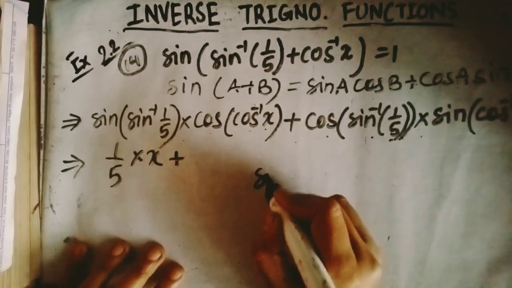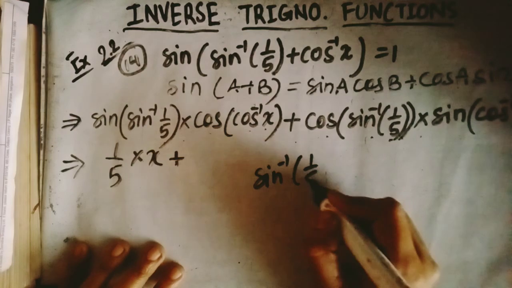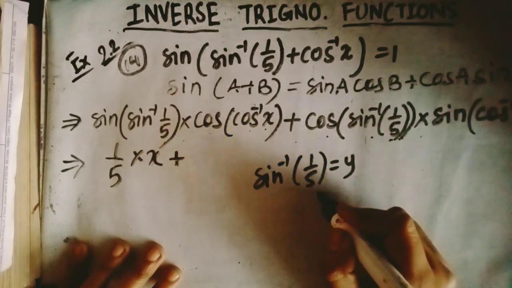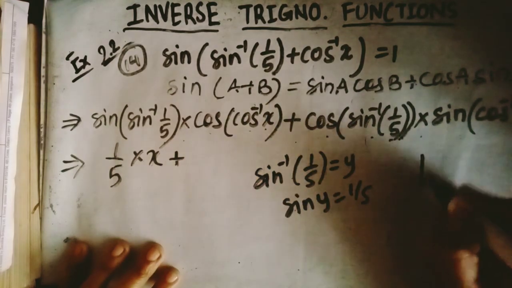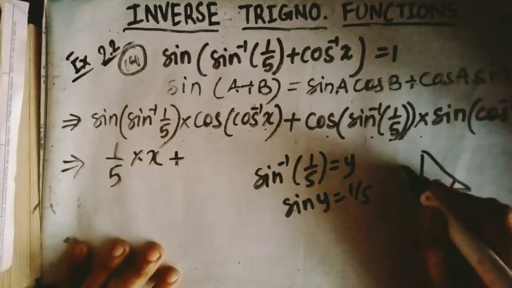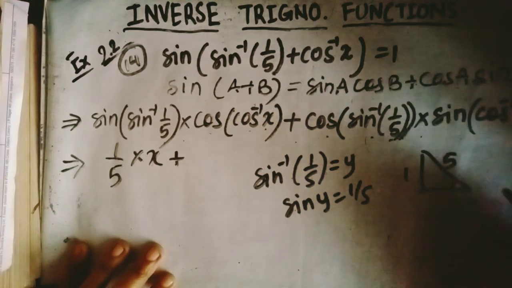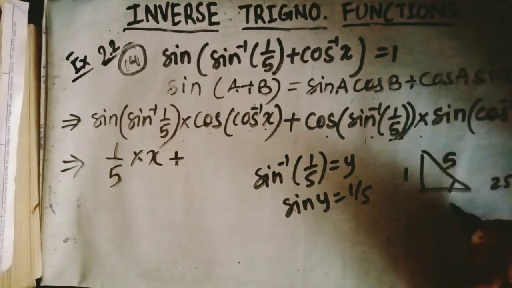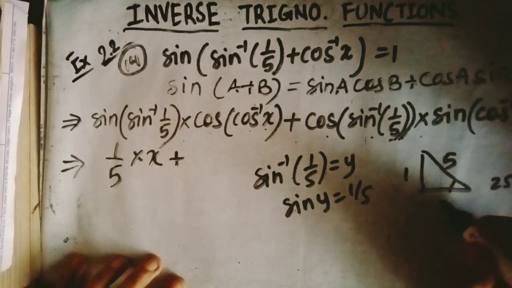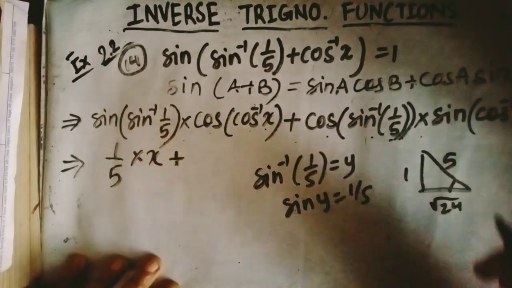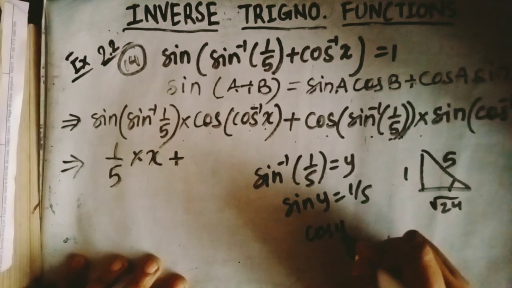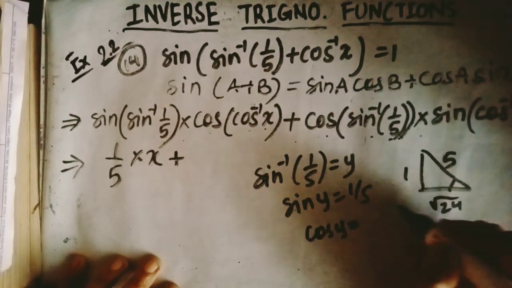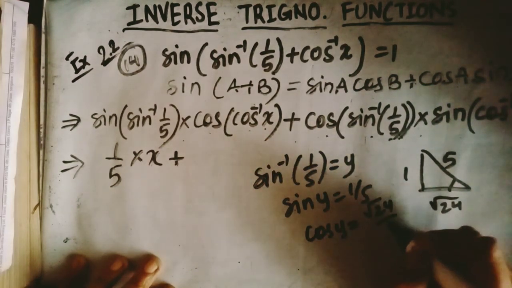Okay. So sine inverse of 1 by 5, I can write it as some y. So sine of y is 1 by 5. Okay. Using the triangle method, 1, 5, this will be 25 minus 1, so root of 24. So our cos y is root 24 upon 5.